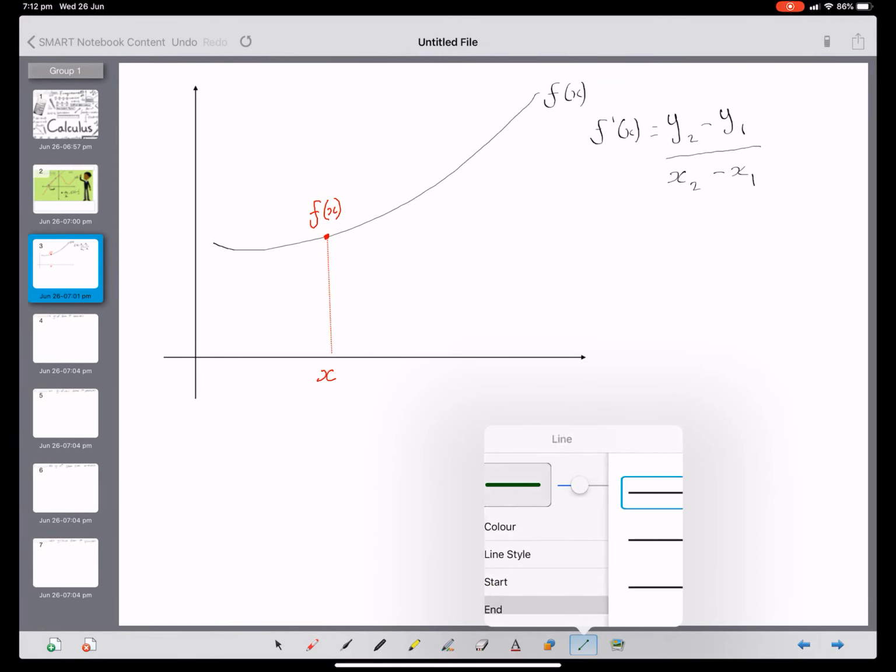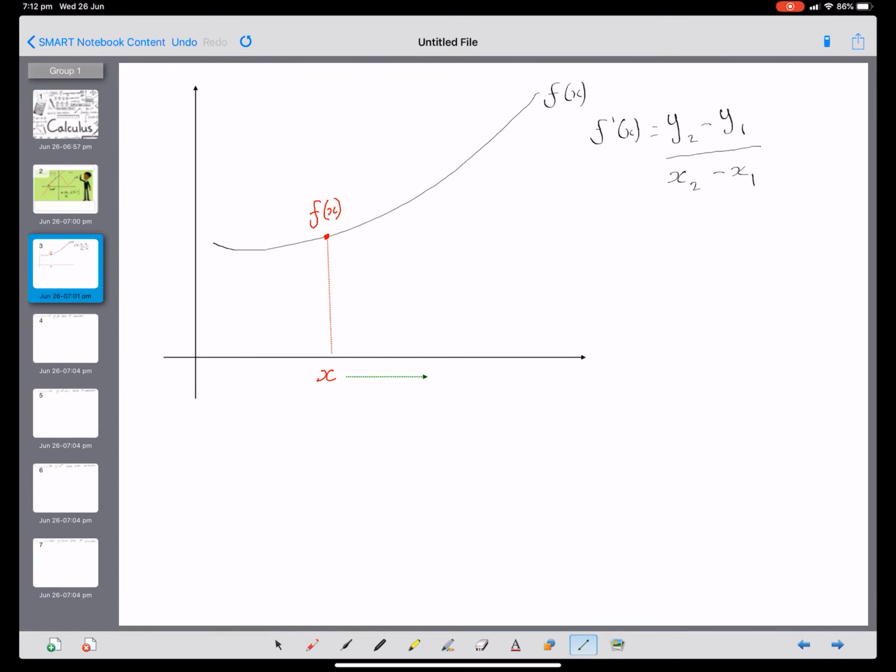So we're going to travel h distance along the graph, and we're going to arrive at x plus h, having travelled h distance along the graph.